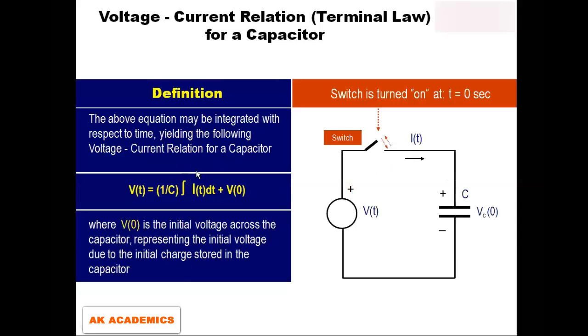So that's 1 over C integral of I dt plus V naught, where V naught is the initial voltage across the capacitor. This is very important. You will always experience cases like that due to the initial charge stored in the capacitor. This is not under the integral, by the way. This is standing on its own.